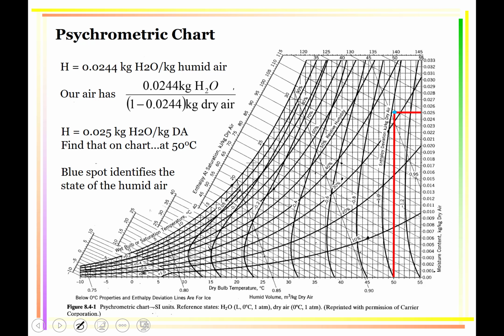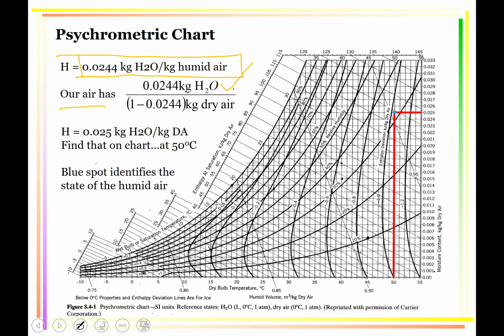This 2.44 kilograms of water per kilogram of humid air is the weight %, like I said. So our air has 2.44 kilograms of water divided by 1 minus 0.0244 kilograms of dry air. Where did this come from?